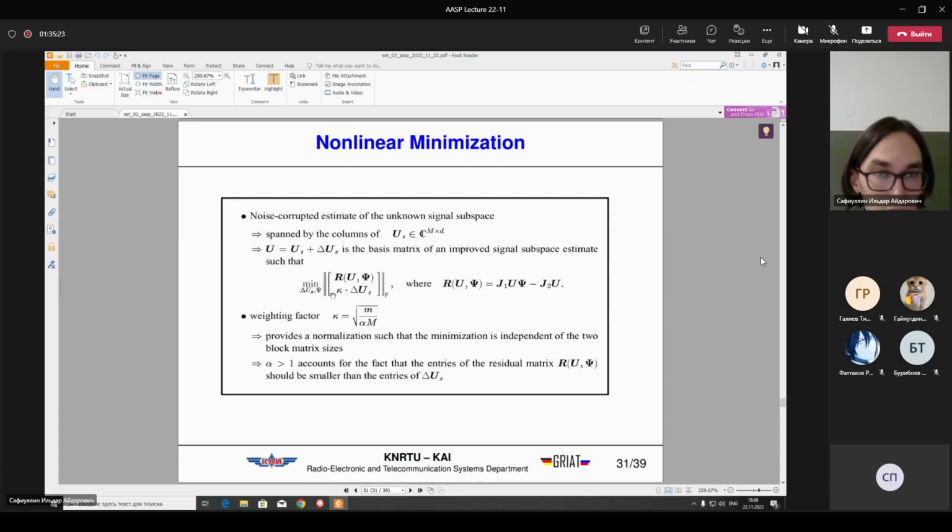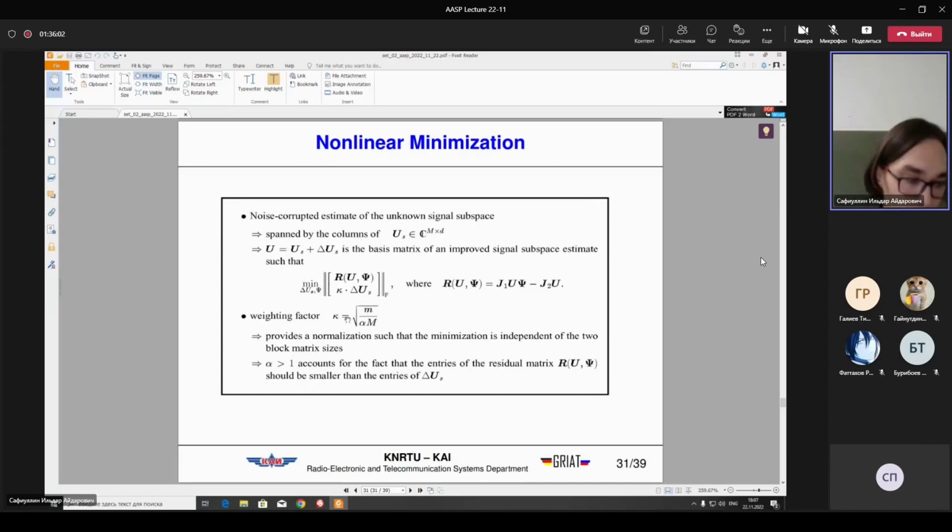And in the second part, we concatenate it with a weight factor, which is multiplied with this error for U sub S. It is equal to the square root of the number of elements in subarrays divided by alpha times the overall number of elements.